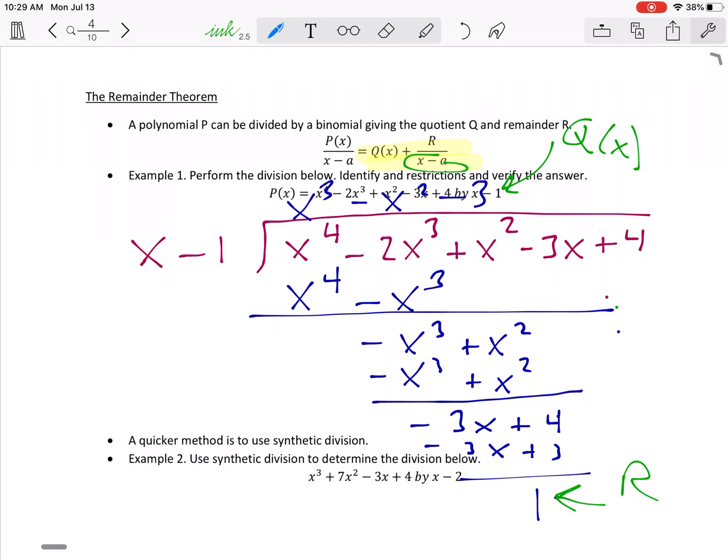So your answer is going to be x cubed minus x squared minus 3, and then plus, because it was a positive 1, 1 over x minus 1, because that's what we're dividing by. And there's your final answer. And because you have that x minus 1, you should add in here that x can't equal 1.